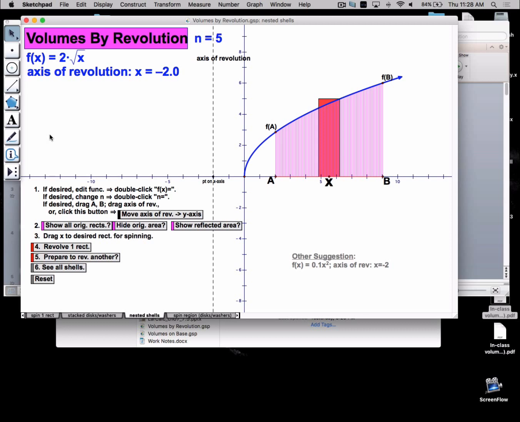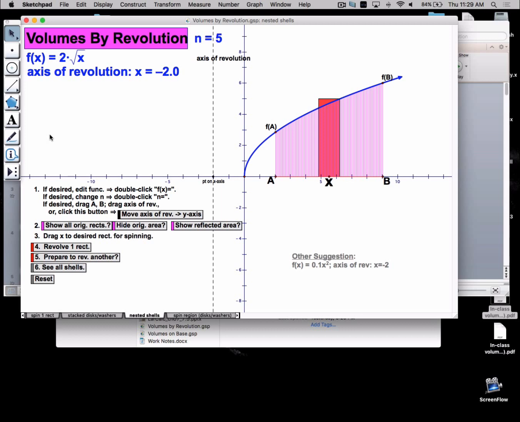So I've got a big fat honking representative rectangle, and we're going to revolve that around this dashed line. The first thing you should notice is that my representative rectangle is now parallel to the axis of revolution. That's the primary indicator to tell you which method you should use. If it's parallel to the axis of revolution, you're going to use shells. If it's perpendicular, you're going to use discs or washers because it's the same thing.